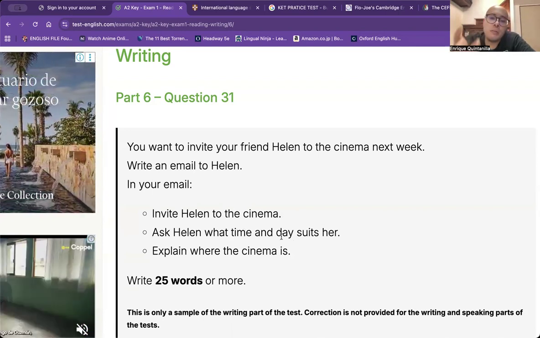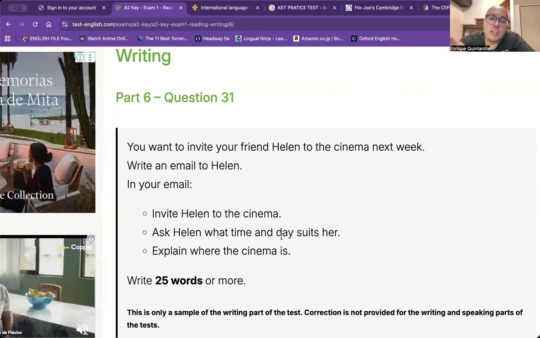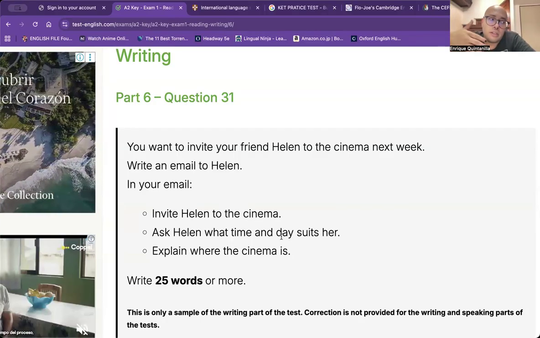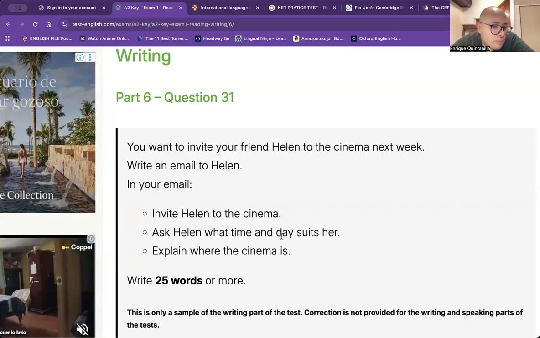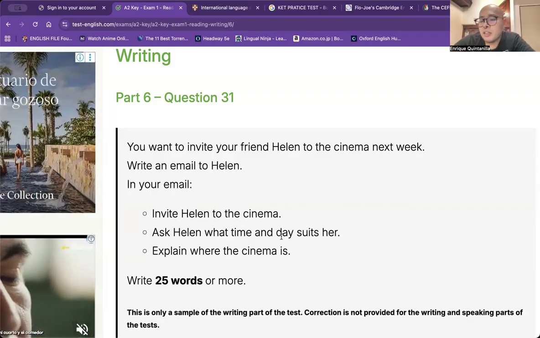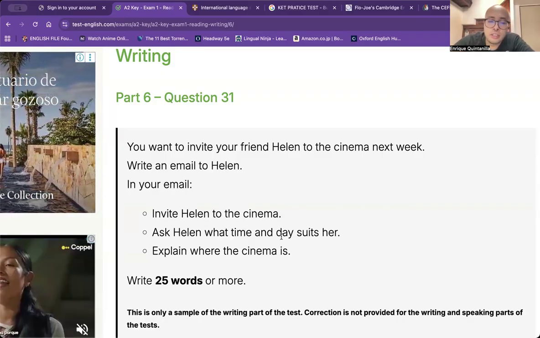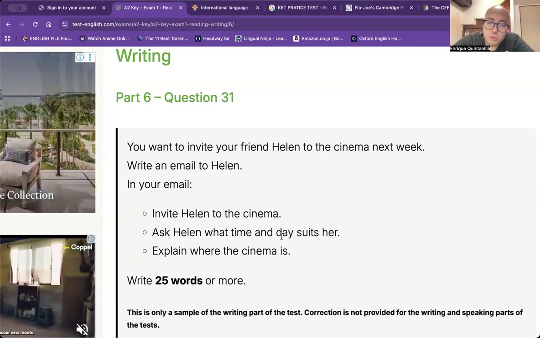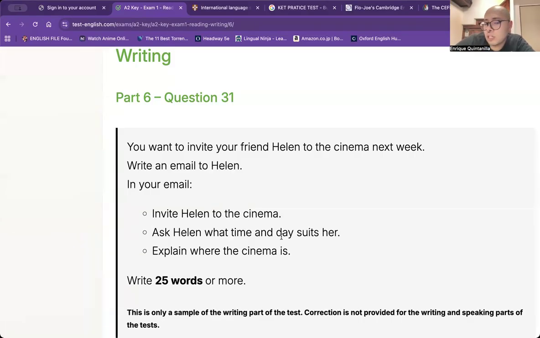Is it okay if we see you on Friday at 7 p.m.? Or tell me if you can. The cinema is near my house, which is in the city center. I hope that you reply soon, Enrique.